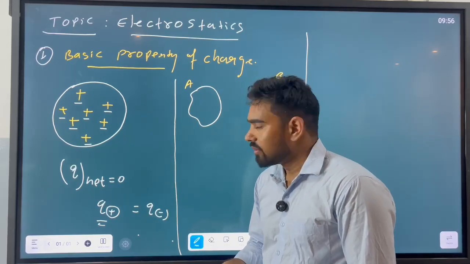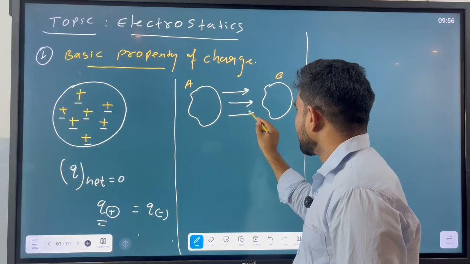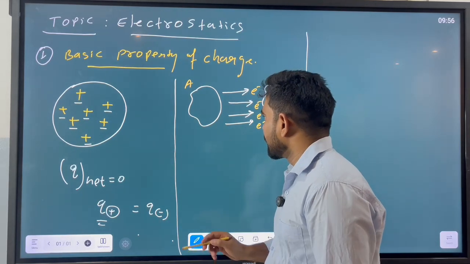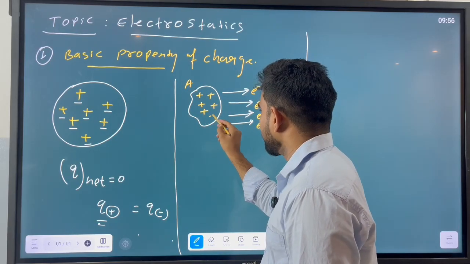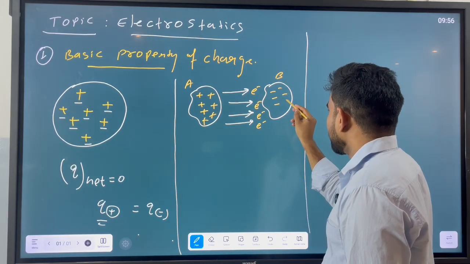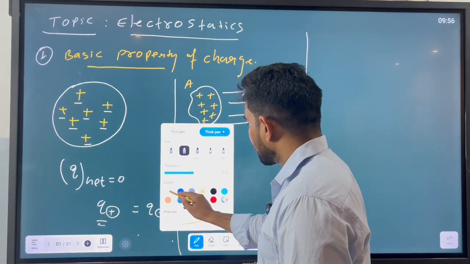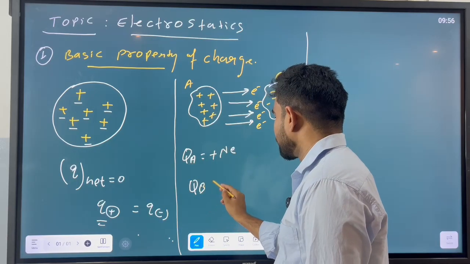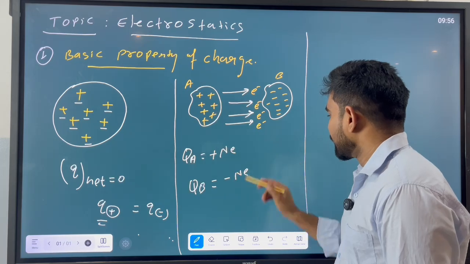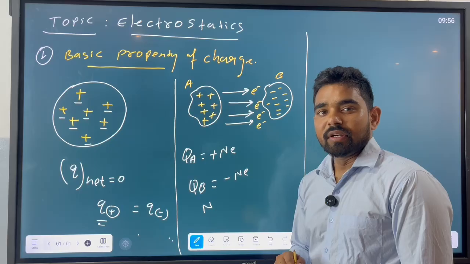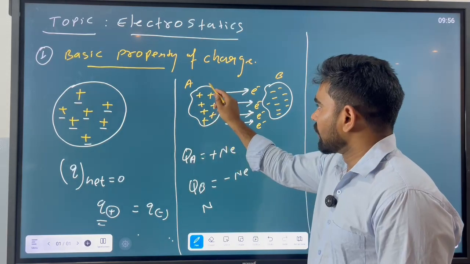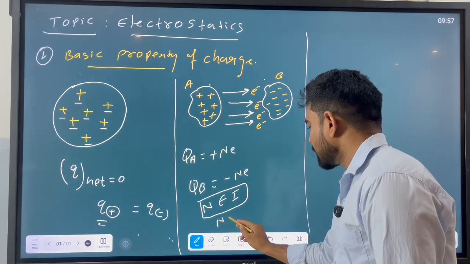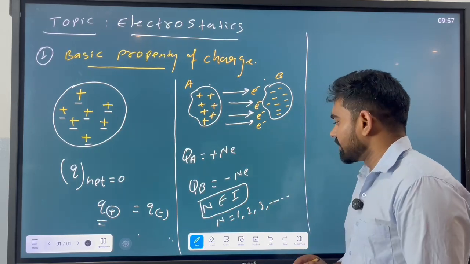But when some electrons transfer from body A to body B, A is the donor, so body A becomes positive, and body B becomes negative because it is the acceptor. The charge of body A is equal to plus Ne, and the charge of body B is equal to minus Ne, where N is the number of electrons transferred from body A to body B, and N is an integer value: 1, 2, 3, 4, 5, 6, 7, and so on.